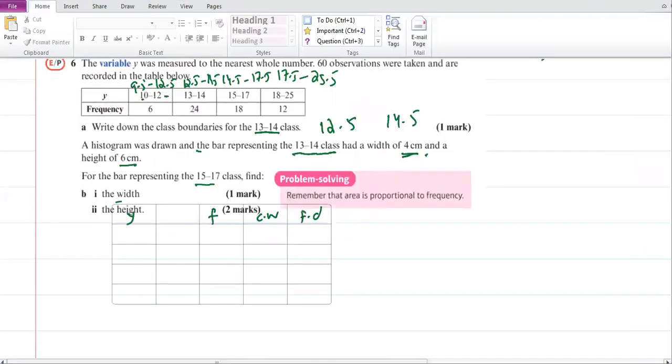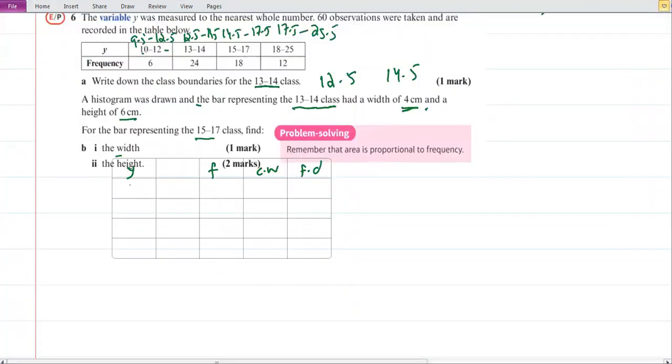Now from here, what I have to do is, right now, y is from 10 to 12. Then is from 13 to 14. Then is from 15 to 17. And then is from 18 to 25. The next one, this is amended class. In amended class, of course, upper class boundary, I'm writing it without gap.